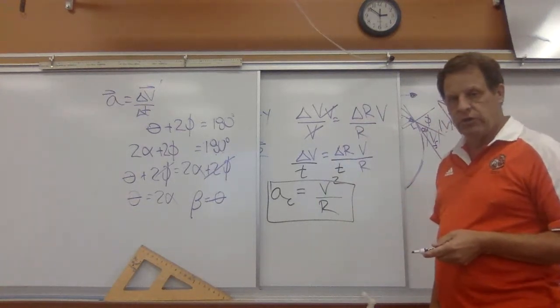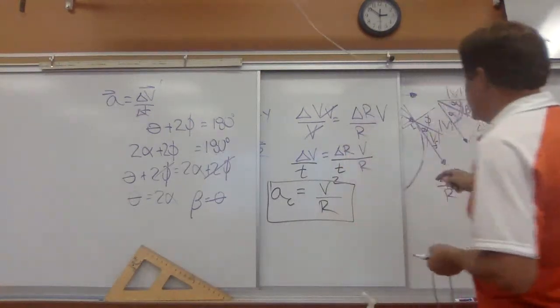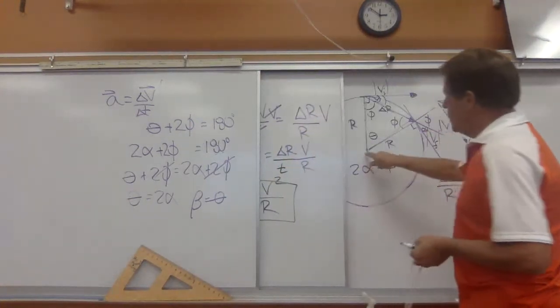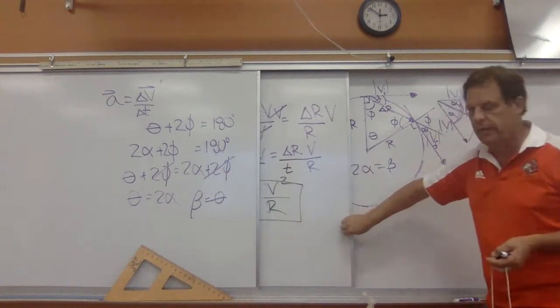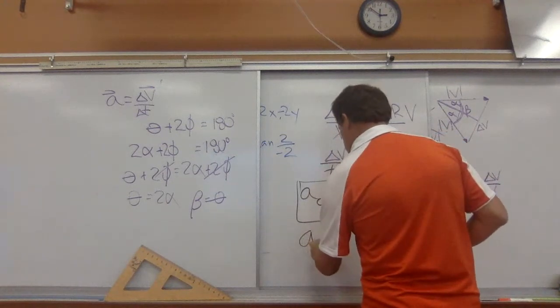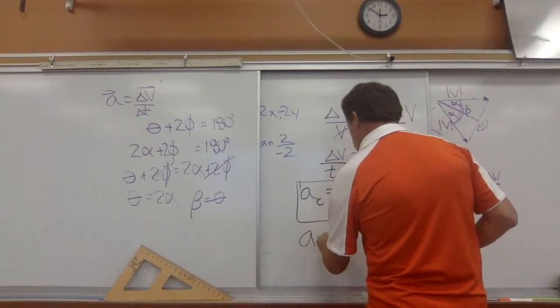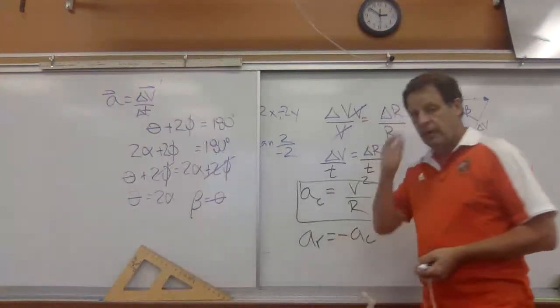Now, also in your book, because when we start in the middle, we usually call that 0 and we go outward, we talk about radial acceleration, and radial acceleration is just equal to centripetal acceleration.